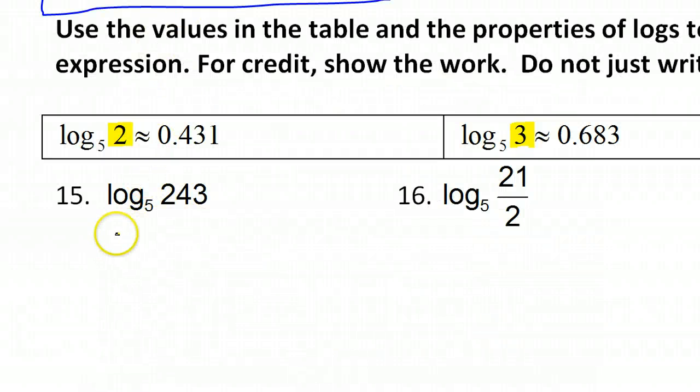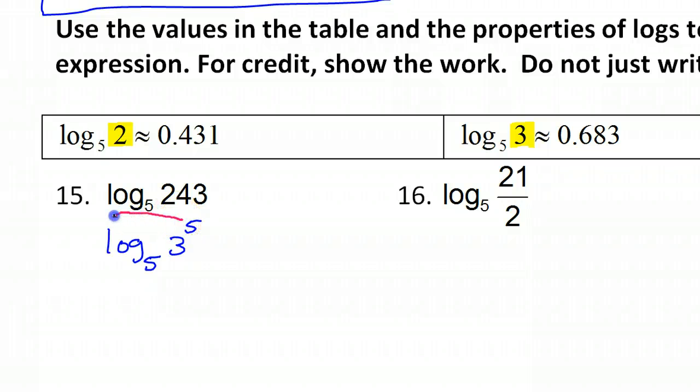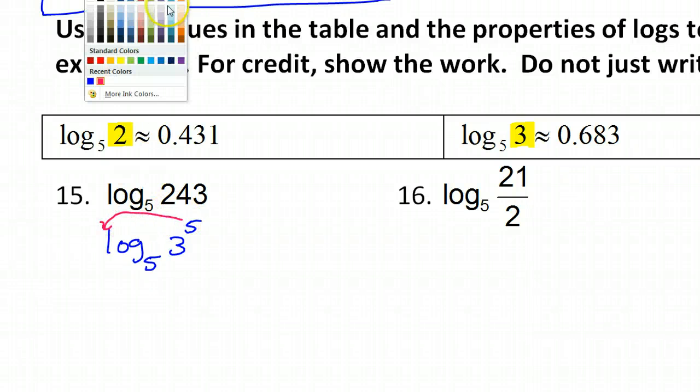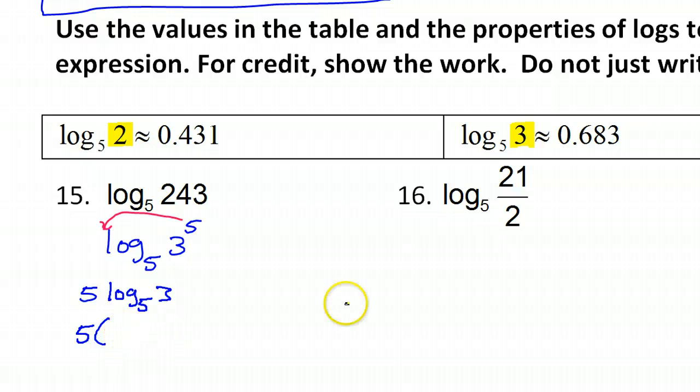So that means what I have here is log base 5 of 3 to the 5th power. Now, using the power rule, this 5 can come out front. So that means this is going to be the same thing as having 5 times the log base 5 of 3. Okay, now log base 5 of 3, that's one of our facts. So this is the same thing as 5 times 0.683.